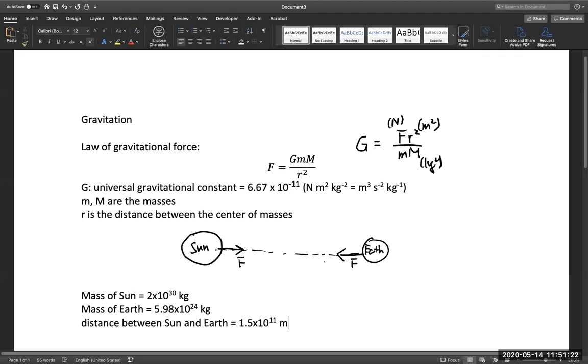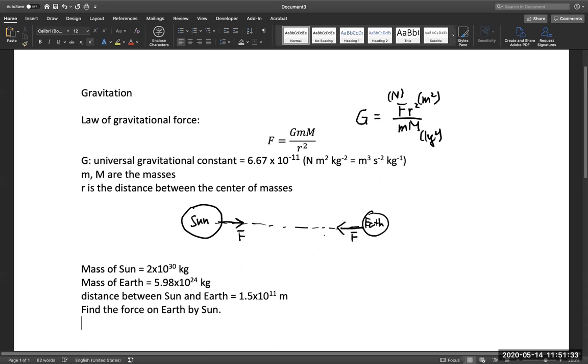So can you find the force between the Earth and the Sun? So we try to get the magnitude of the force acting on Earth by the Sun. The small m and big M are the two masses of the planets.